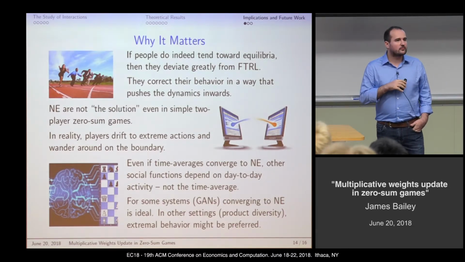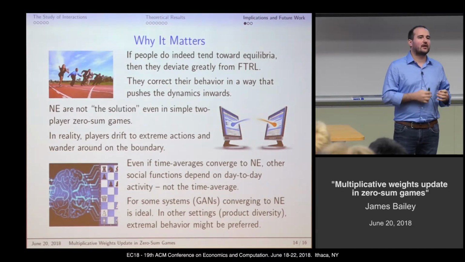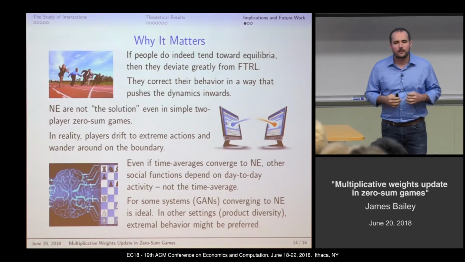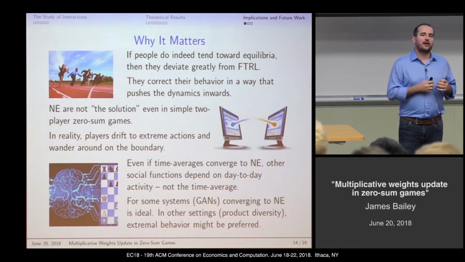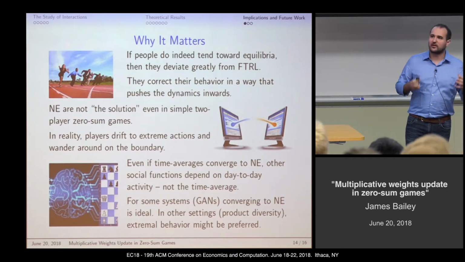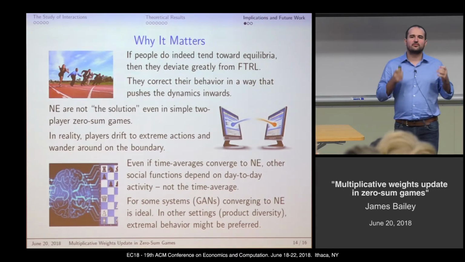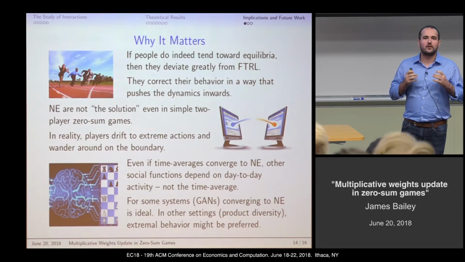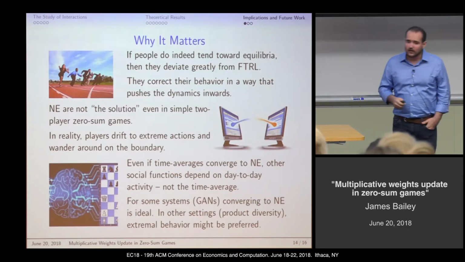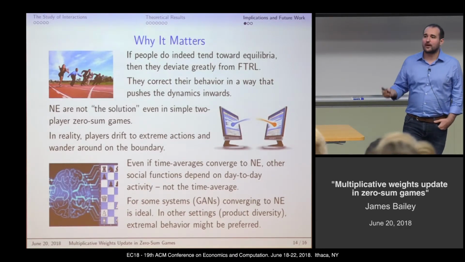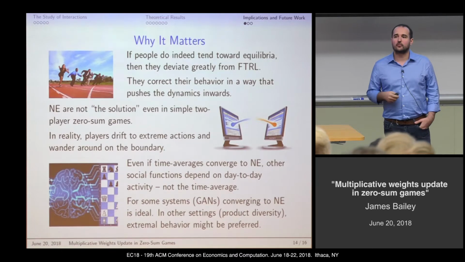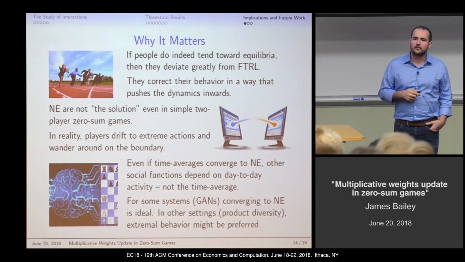The next interesting area is understanding of the algorithms themselves. We've said that we study these games through the framework of Nash equilibrium. As I've said a few times, that's not the right way to look at the problem because we avoid those equilibria. The fact is that we actually drift away from them, we wander around somewhere close to or on the boundary.